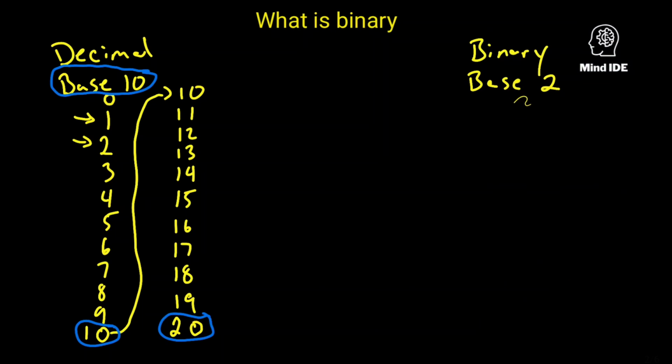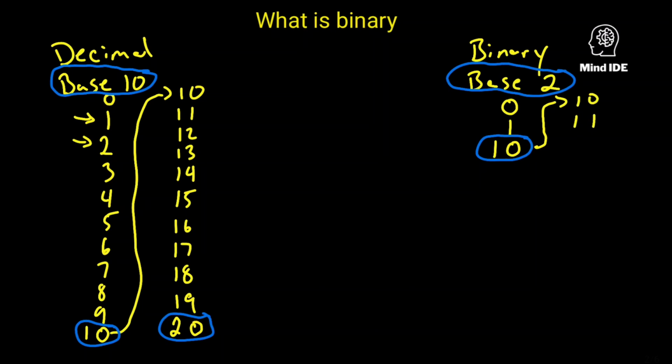So now with binary, it's the exact same concept. We start at 0, 1. Now it's base 2, so we rolled over at 10 last time, and now we roll over at 2. So base 2, we roll over at 2. And then we would go here, so 1, 0, 1, 1, right?